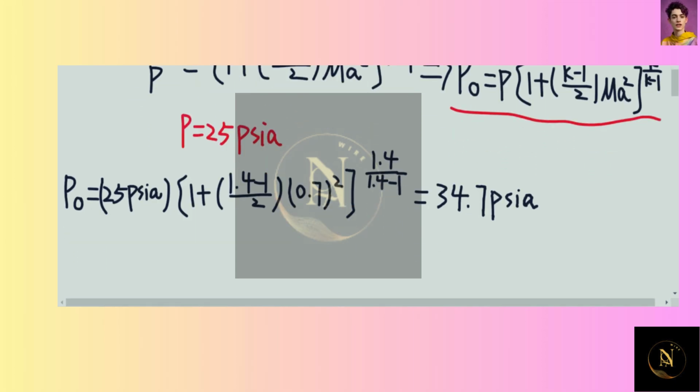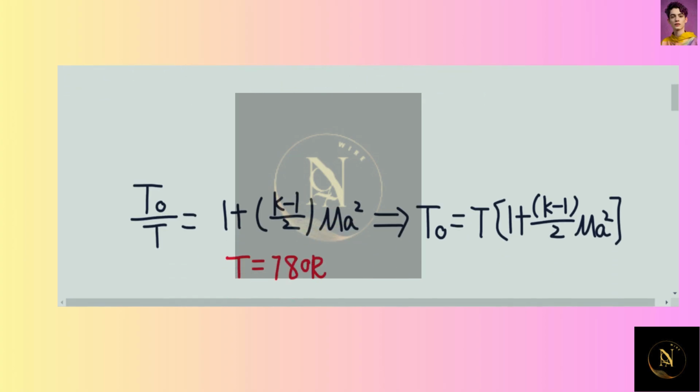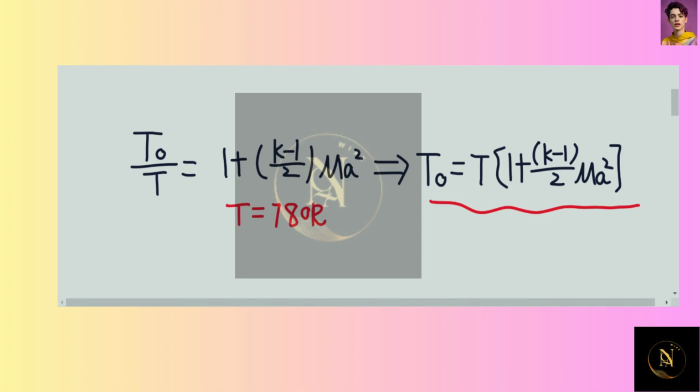So now let's take a look at the stagnation temperature. The stagnation temperature is equal to T times (1 plus (K minus 1) over 2 times Ma squared). We know the temperature is 320 degrees Fahrenheit, which is 780 Rankine.